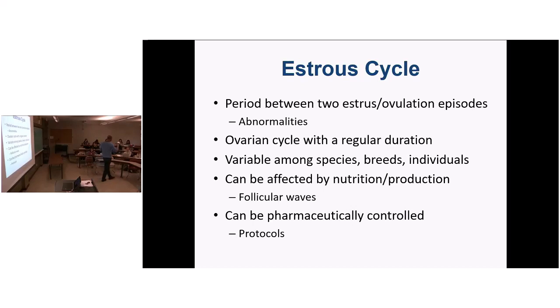Instead of waiting for animals to come into heat or estrus and ovulate and then inseminating, you could do that artificially. You could manipulate the estrous cycle in order to improve reproduction. You can also manipulate the estrous cycle to have the opposite effect, which is contraceptive strategies.